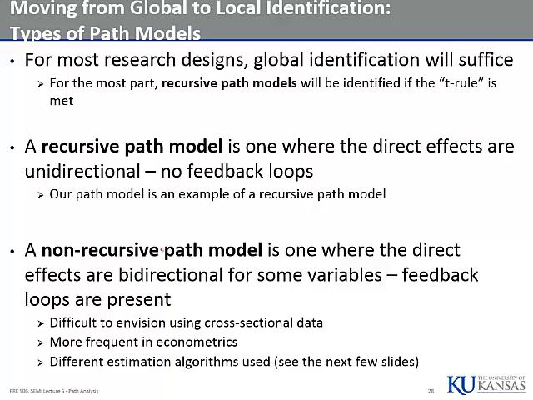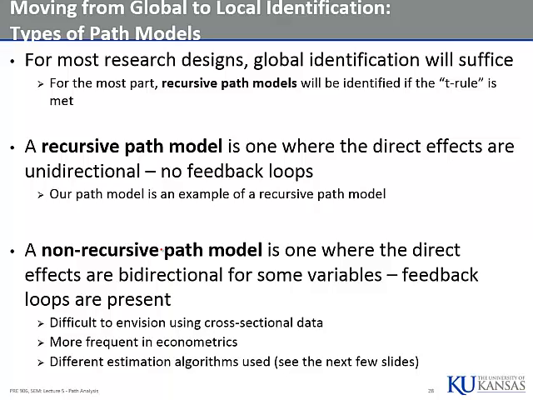Really, a recursive path model is where the direct effects, if you were to take any variable and follow the direct effects, right? If you only think of the direct effects as one-way streets, you'll never make your way back to the variable itself. Right? Which sounds odd because I want to call that recursive, kind of like there's a curve there or something else, but really recursive is where you can't get back to where you started.